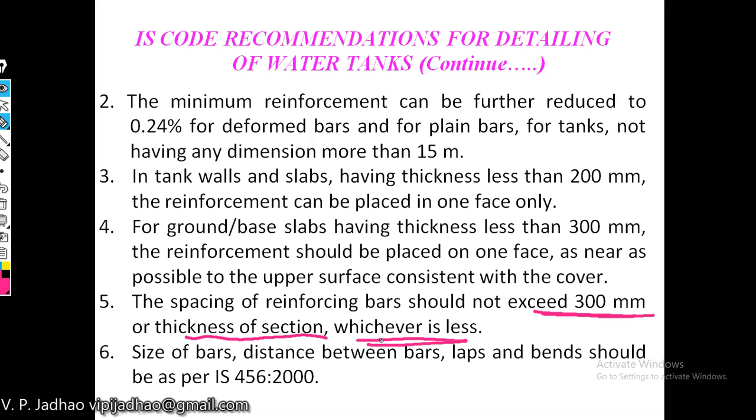So the spacing of reinforcement should not be more than 300 mm or the thickness of your member. At the same time, the size of bar, distance between the bars, lap, bend, and development length, all these values should be taken as per IS 456-2000. So for the remaining portion, IS 456-2000 is applicable.